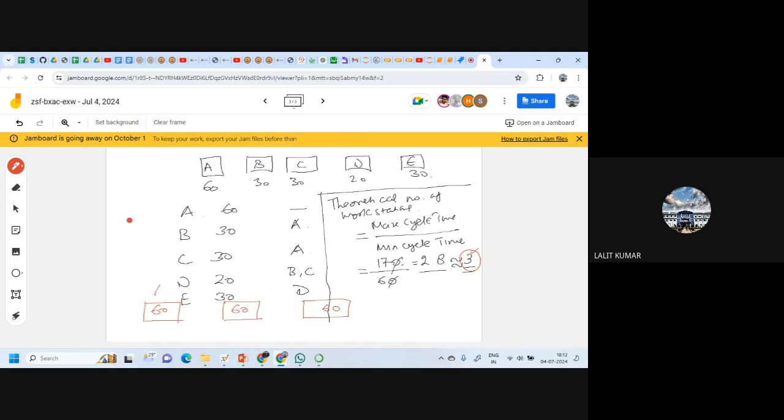We can give A here, and we can give B and C here, consuming 60 each. And here we can give D and E. First we do D in 20 and then we do E in 30, and we are consuming 50. So this can be achieved on the 3 workstations.